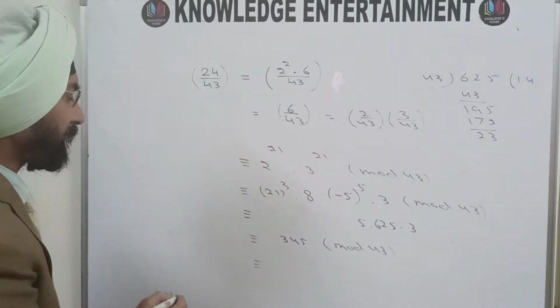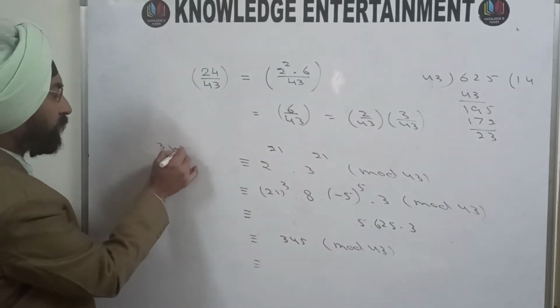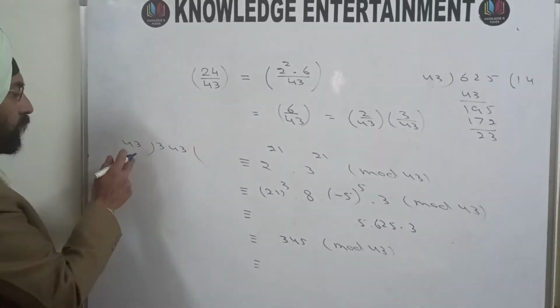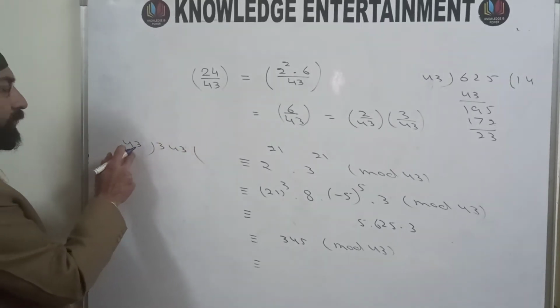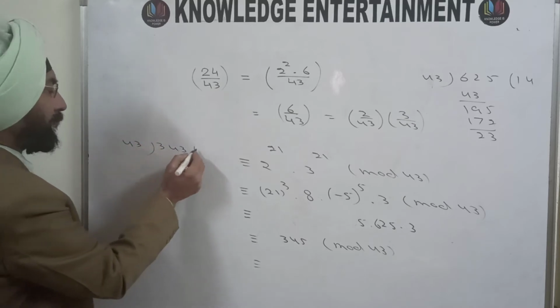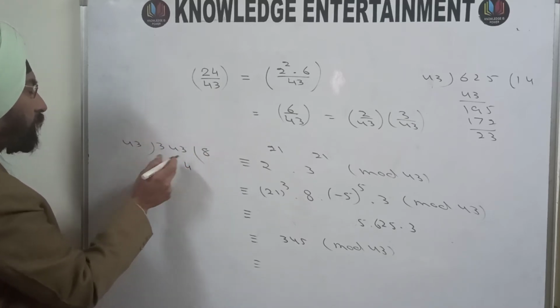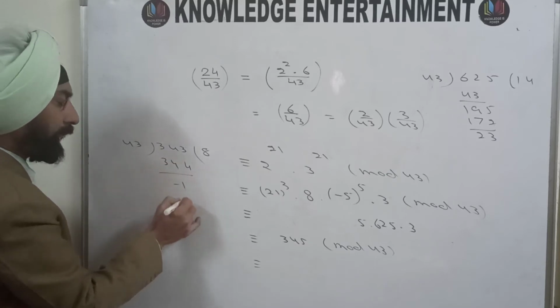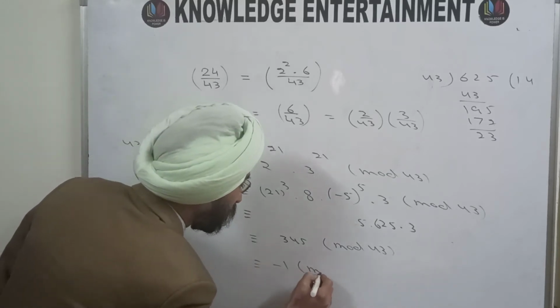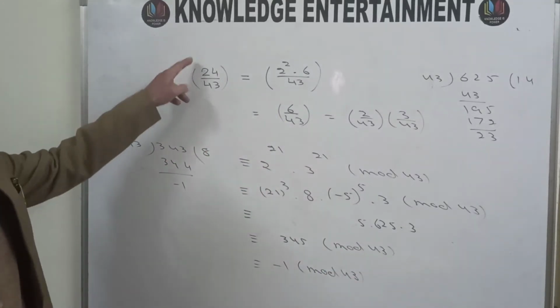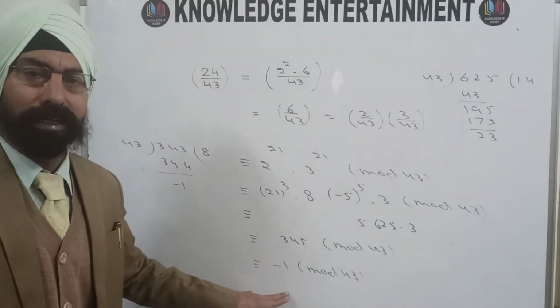And now the final division, 345 divided by 43. So I think it will get multiplied by 8. So 8 into 3 is 24, 2, 3, 4, and you will get minus 1. So it is congruent to minus 1 modulo 43. So that means the Legendre symbol 24 upon 43 comes out to be minus 1.